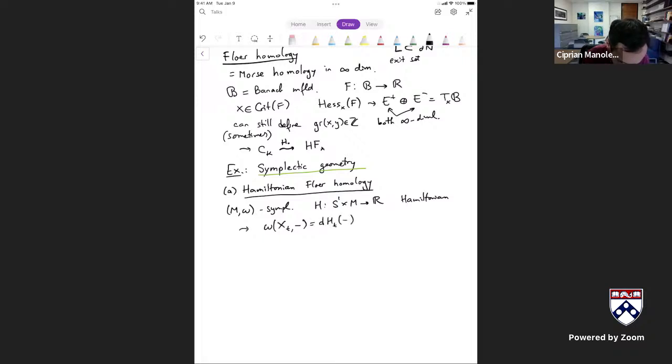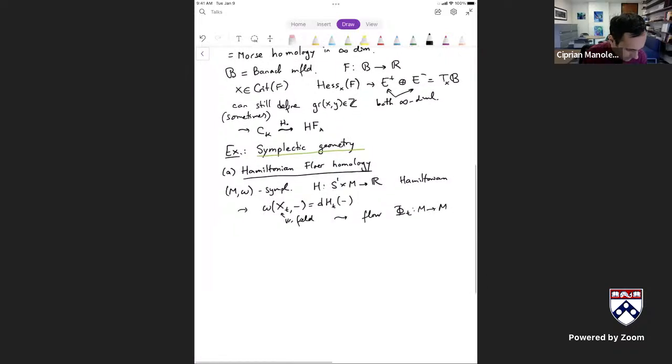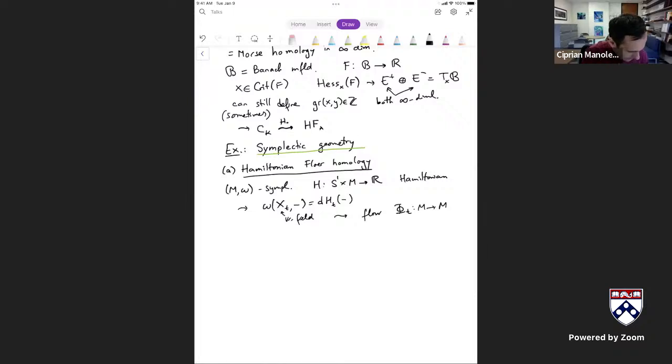And from here, we get a flow, the Hamiltonian flow phi t on M. Okay, and what is the Banach manifold that we associate with this setting?